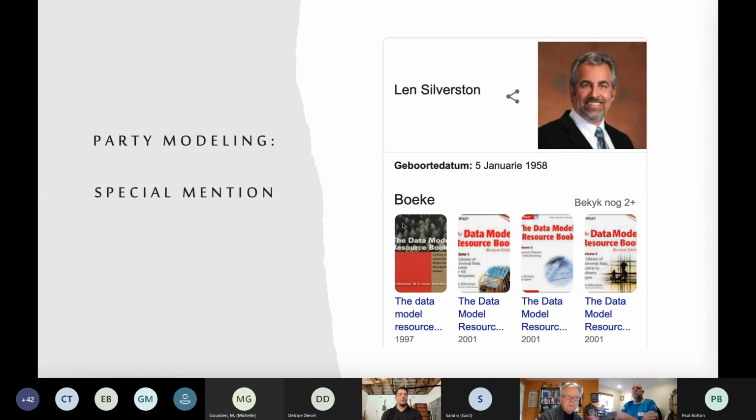But he's helped me a lot in how I think about party modeling and modeling in general. He's just a very good guy to follow. And these books are old. They came out in 2001, and they are still very useful and relevant. And I still refer to them often. The basic concepts haven't changed too much.